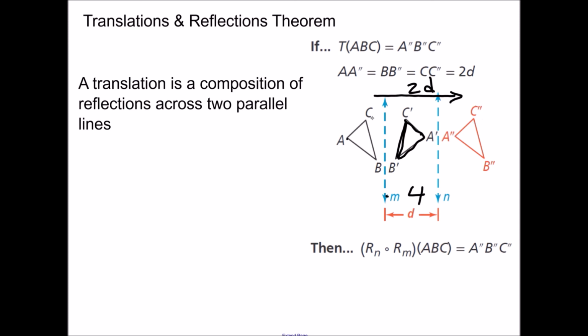So it will have moved a distance of 8 in this example. And the way you would indicate this is, we have 2 reflections. You're going to do a reflection about m first, followed by a reflection about n, and that's how you would symbolize it. But this is the same thing as doing a translation. A translation in this case can be thought of as a single translation of 2d units.